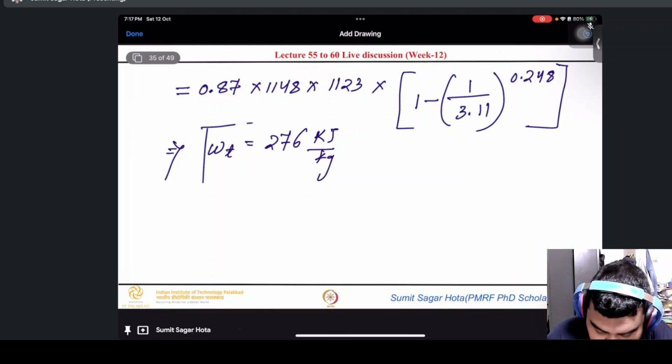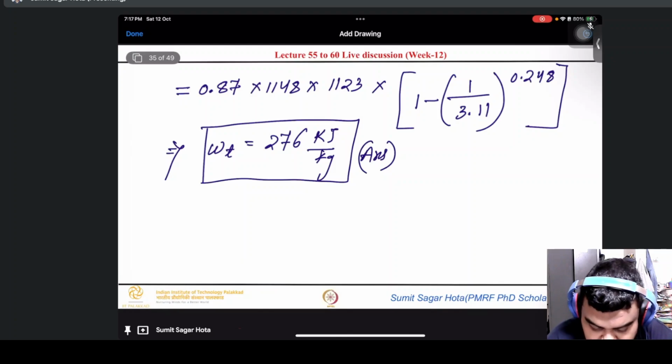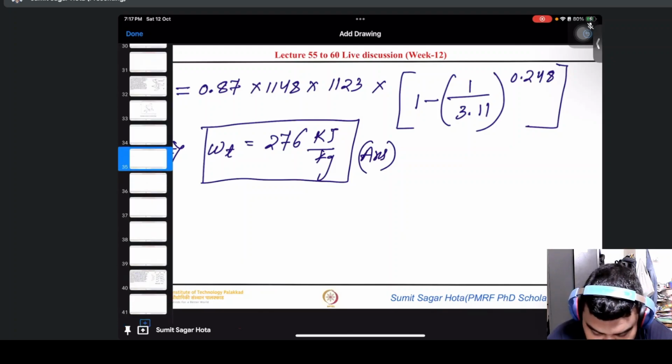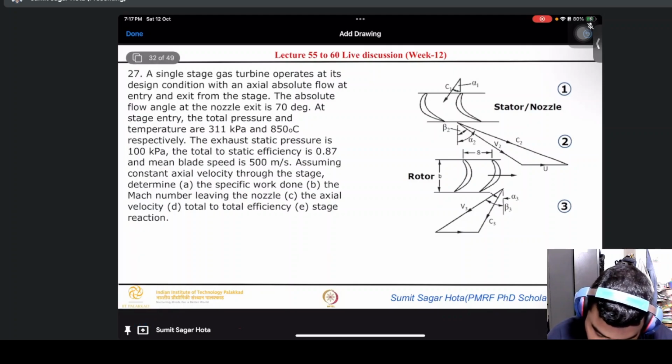Okay, this is your answer. Okay, so next we need to find out the Mach number leaving the nozzle, or the Mach number at the nozzle exit.